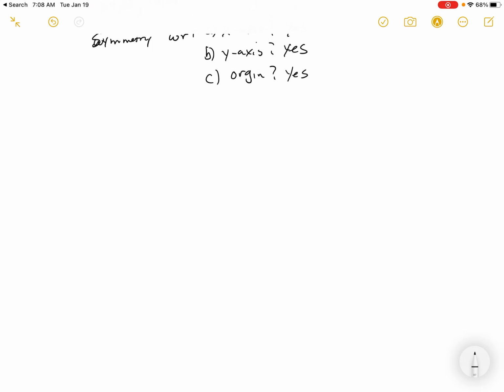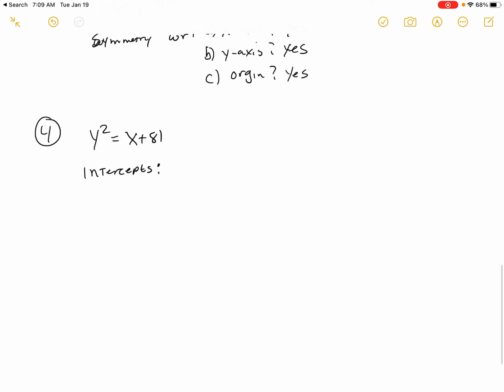Another problem that I saw in there is this one: y squared is equal to x plus 81. They would like to know the intercepts. Okay, so let's find the intercepts.